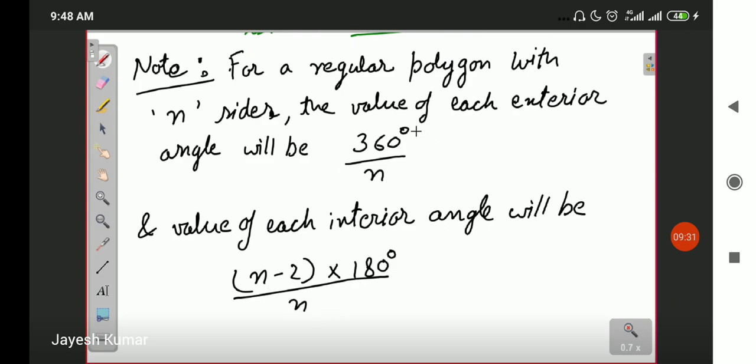So this will be the formula for each exterior angle of a regular polygon, and this will be the formula for each interior angle of a regular polygon.